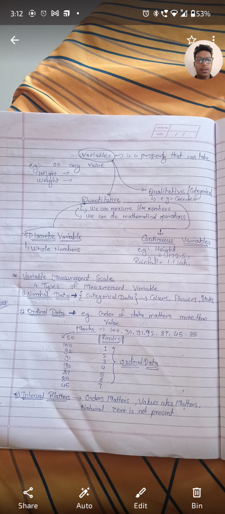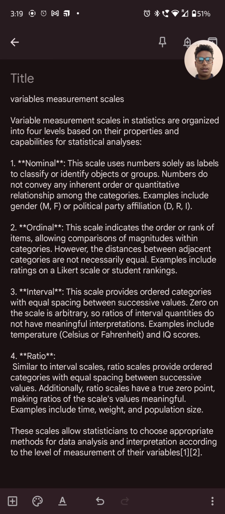Also, I am noting it down on the whiteboard, whatever we are completing, and we will put this in a PDF or a Word document. Okay, so I have the variable measurement scales in detail.